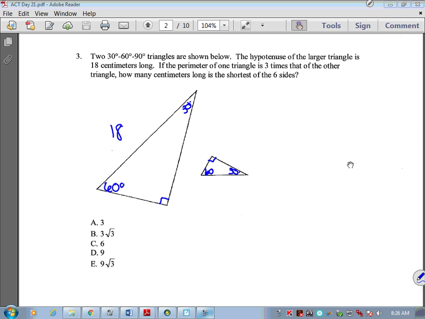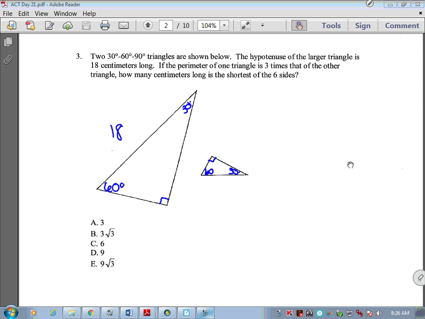Well, if I know that this hypotenuse is 18, then I know that I'm going to get 9 right here, correct? The other thing that they tell me, maybe I don't really need that per se, but with perimeter and scale factor, perimeter has the same ratio as the scale factor.